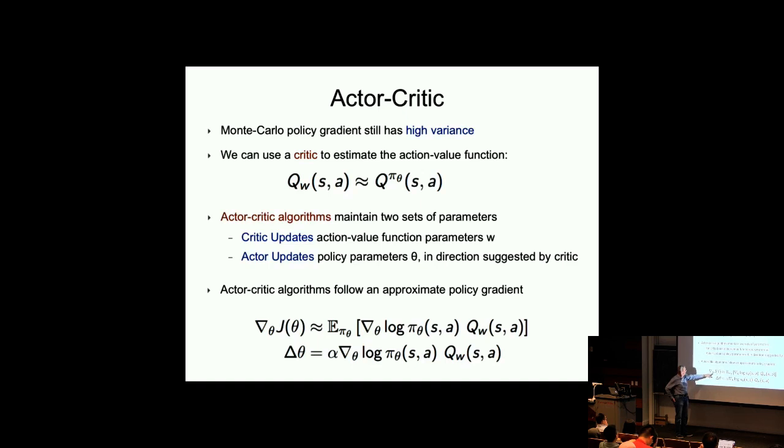And a typical way to do this is to update the policy by using our approximation to Q. That would be one way to do it. Then it's only approximately correct because, of course, any function approximation that we use could be wrong. And the actual policy gradient rule requires that this be really Q of pi, not some guess about what Q of pi is.